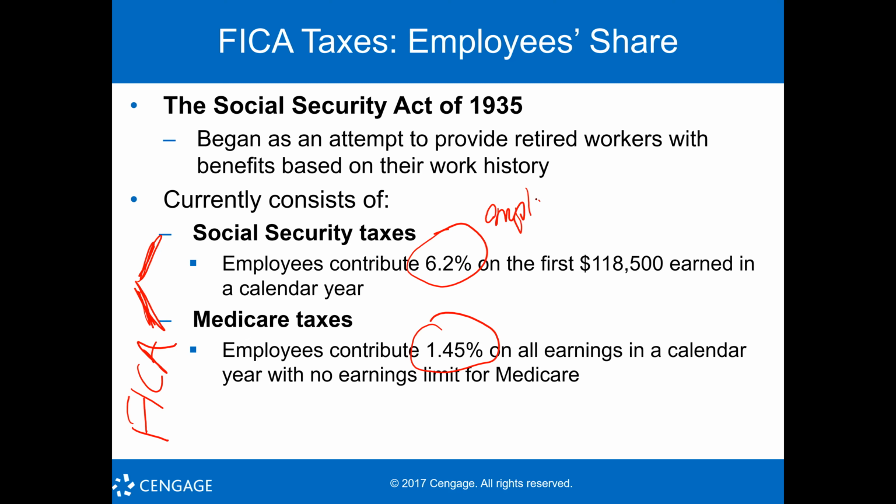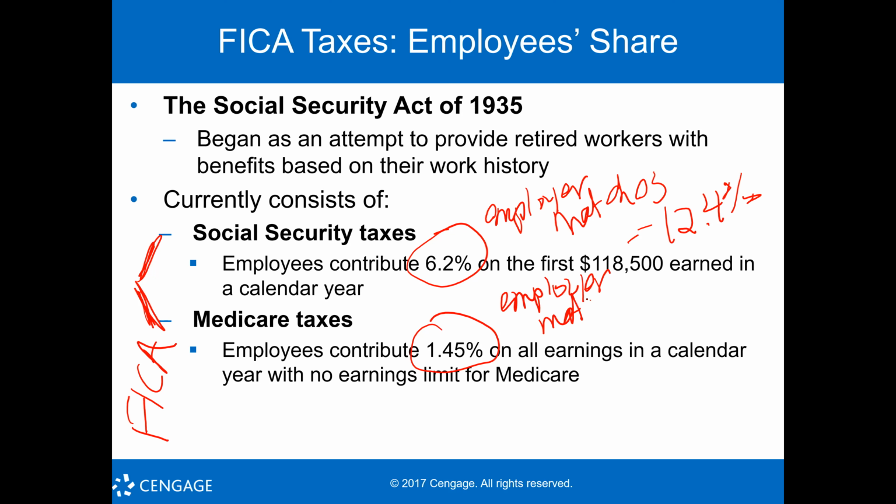Employer matches. So actually 12.4% is getting paid in for you, right? Same thing here, which I'm not very good at writing with this thing. Employer matches. So then 2.9% gets paid in for you actually, right?